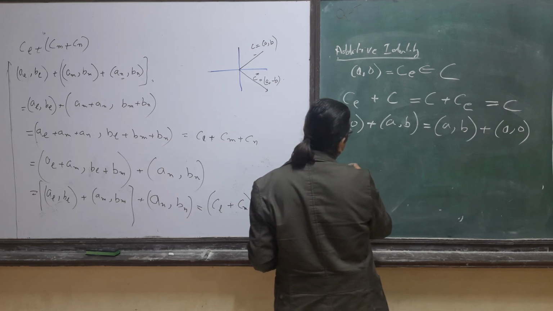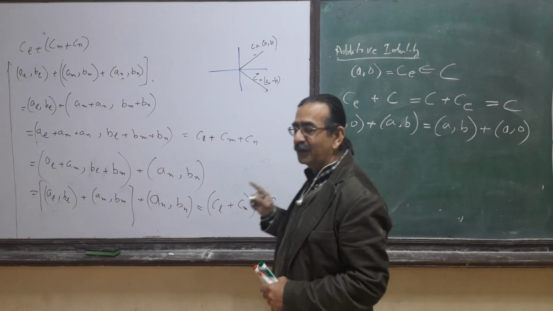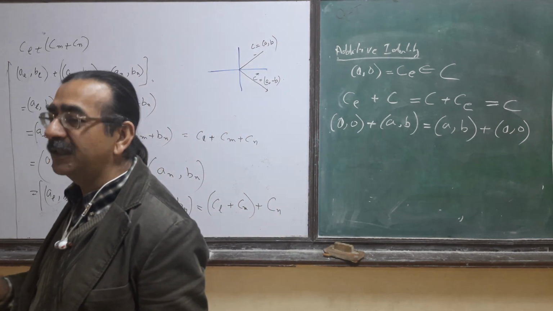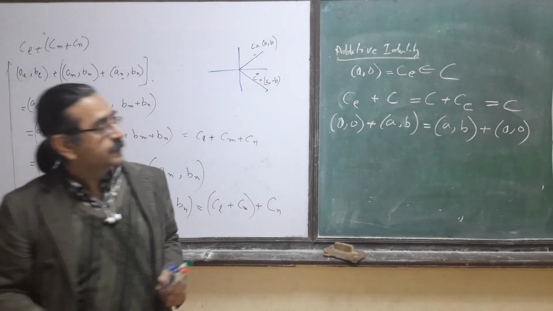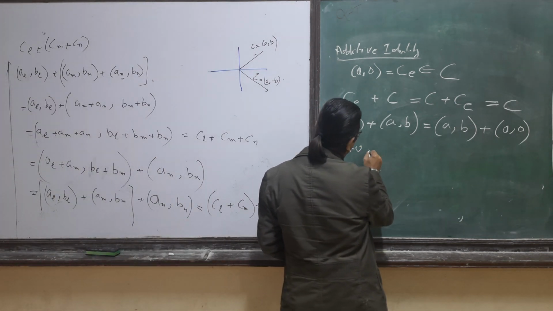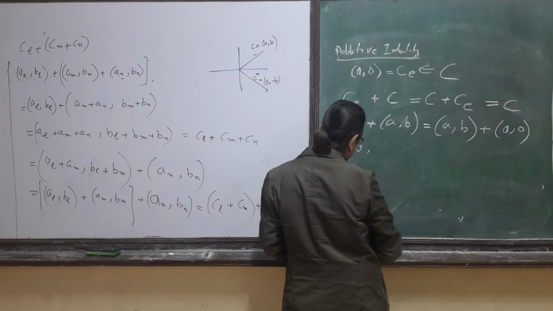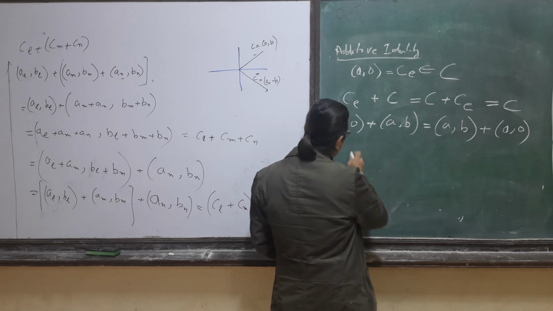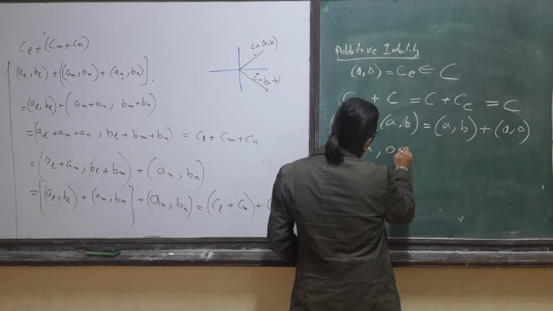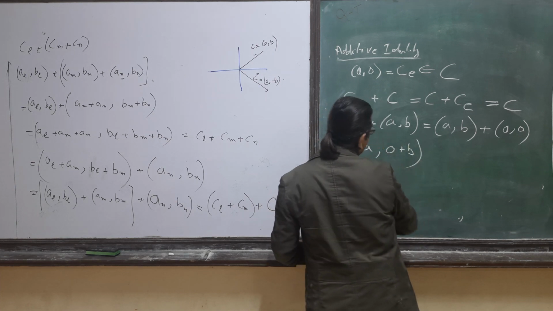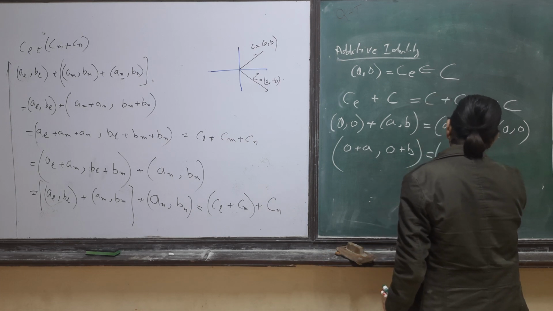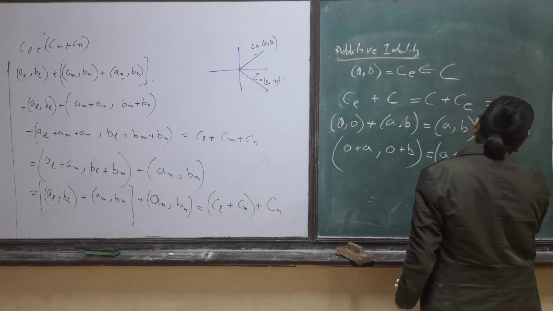So actually I was wrong. That was the additive identity, not of multiplication. So this will be A plus 0, 0 plus A, 0 plus B, A plus 0, B plus 0.